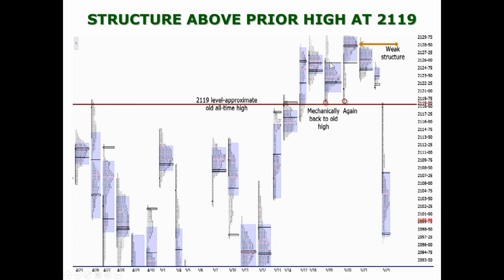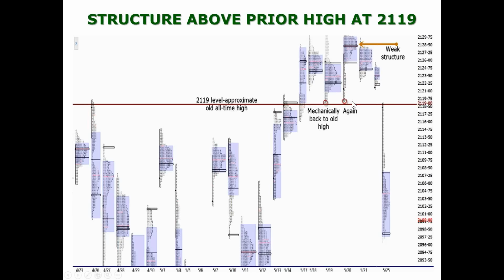A couple days after the market made the all-time high, you see it came down to almost exactly the old high, the 2119 level. It's so mechanical. You see again, it happens the next day. It opens down there, and then you get a short covering rally. That's not good structure, not good structure at all.